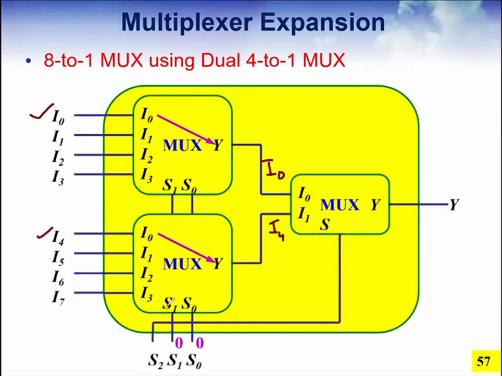Finally, now, if my selection lines are 0, 0, 0, and we are talking about an 8 to 1 multiplexer, what should be the value of y at that time? If 0, 0, 0 for an 8 to 1 multiplexer, should it be I0?